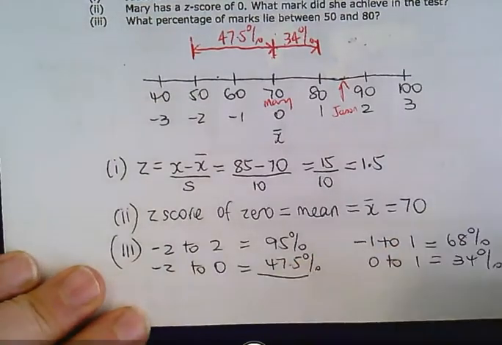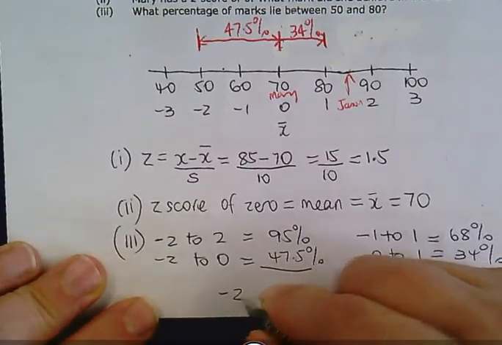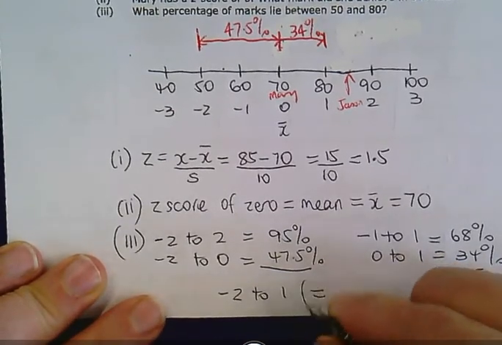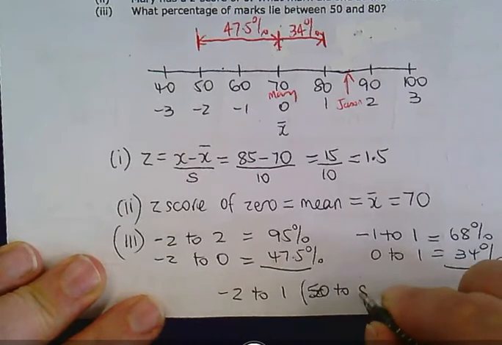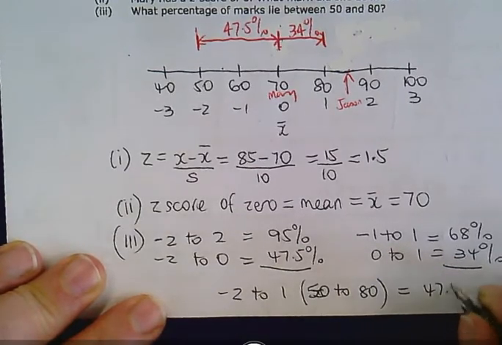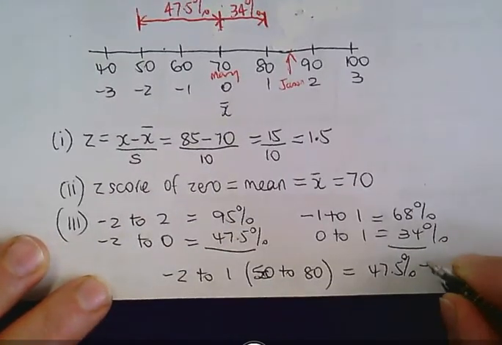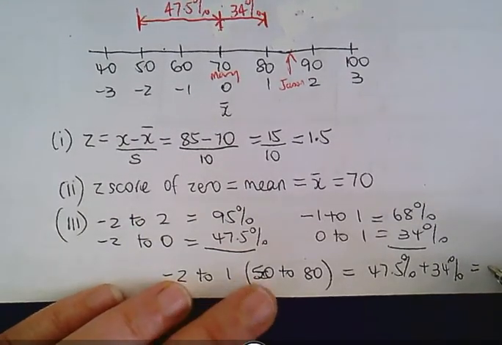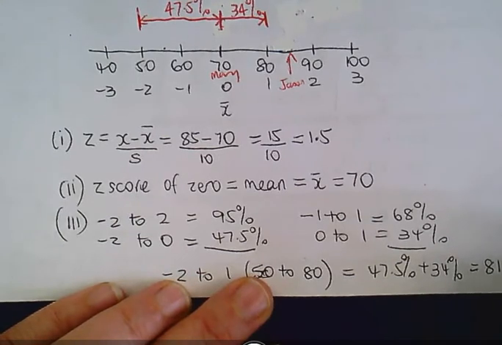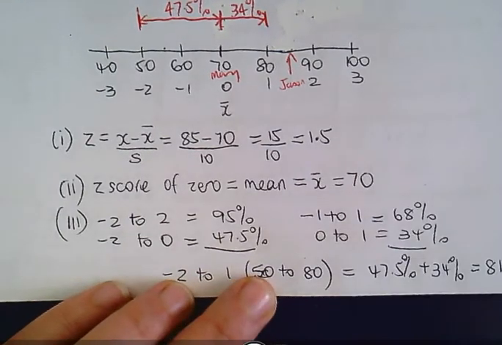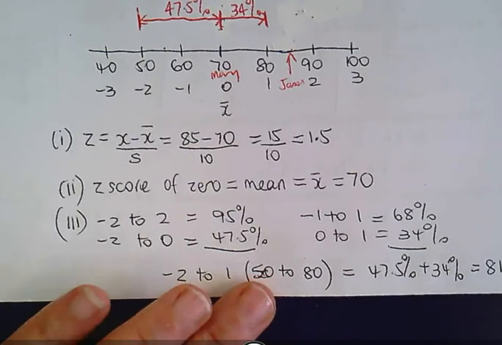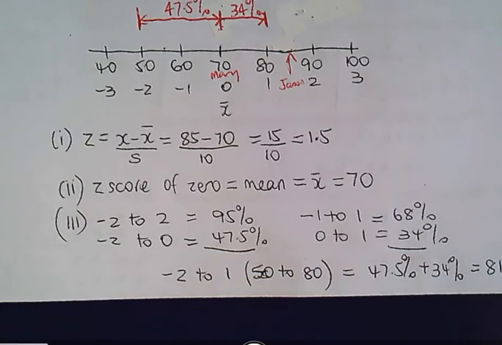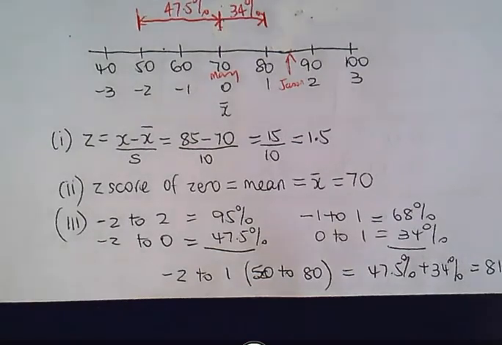So from a Z-score of -2 to 1, which is your 50 to 80, is 47.5% plus 34%, which is, help me, 81.5? Or is it 82.5? Tell me where you lost.